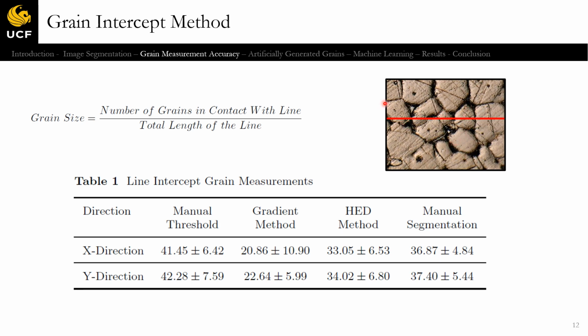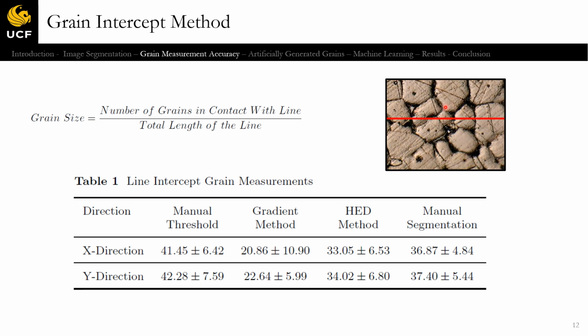Typically someone will draw 5 or 6 straight lines across, count the number of grains that are in contact with that line, and then divide it by the total length of the line, and that gives you a basic size of the grain in the X direction and in the Y direction, and different directions would be important for printing, additive manufacturing in the future.